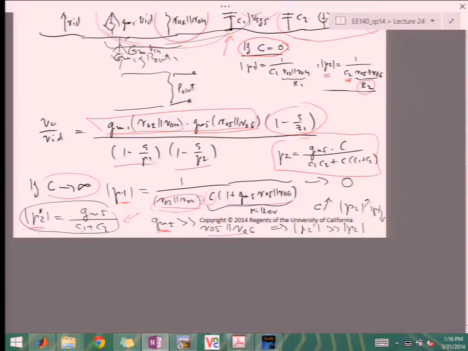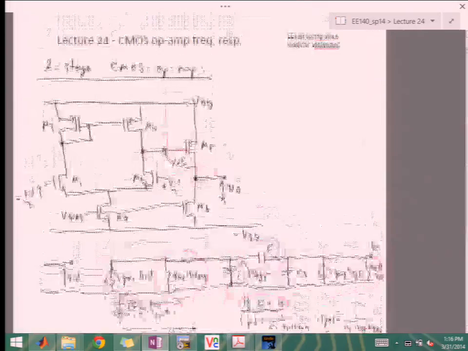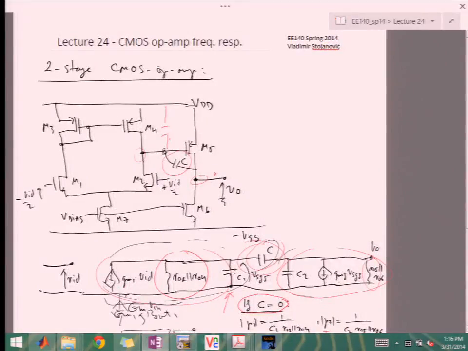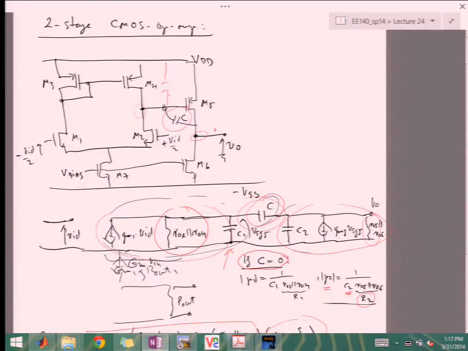Therefore, this P2 prime shifts way out compared to the previous pole with this C capacitor not being present. So with and without this capacitor, the pole P2 shifts by quite a lot, and that's what we mentioned under pole splitting.